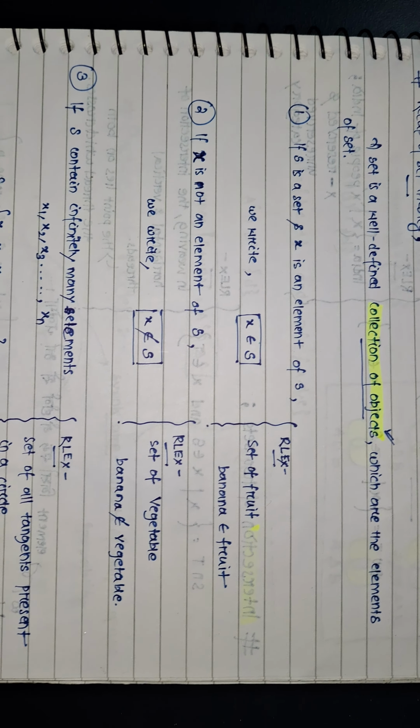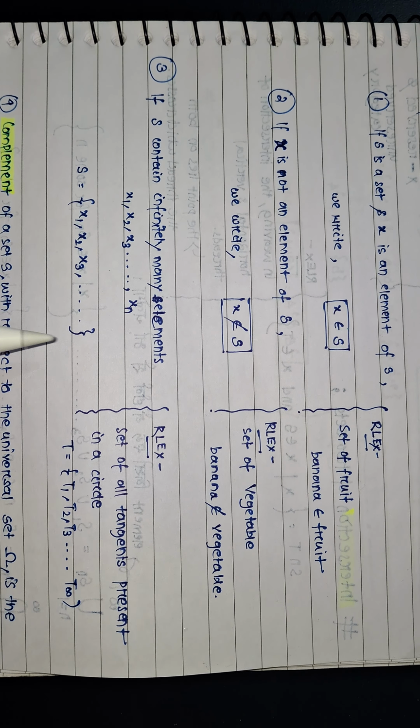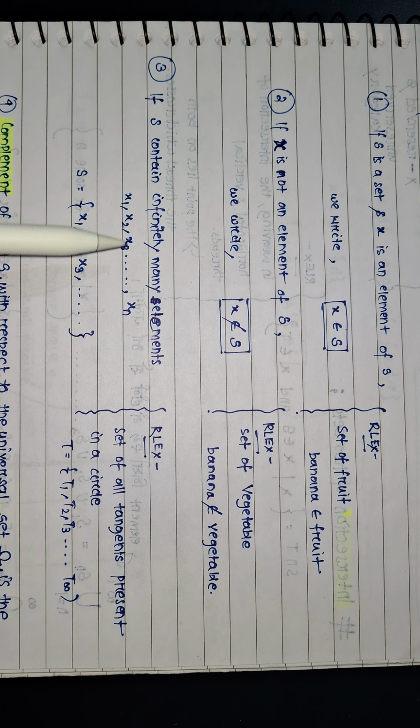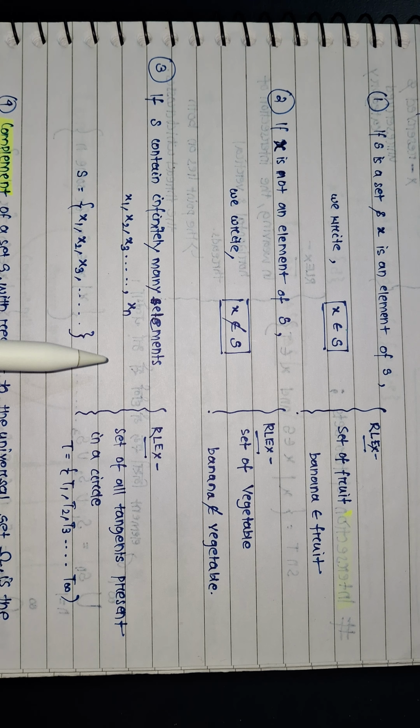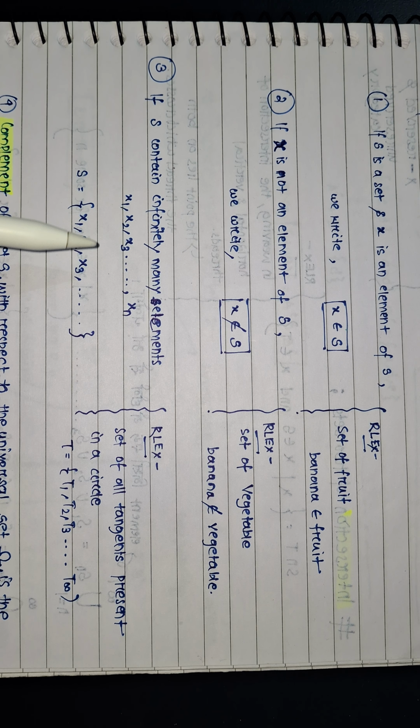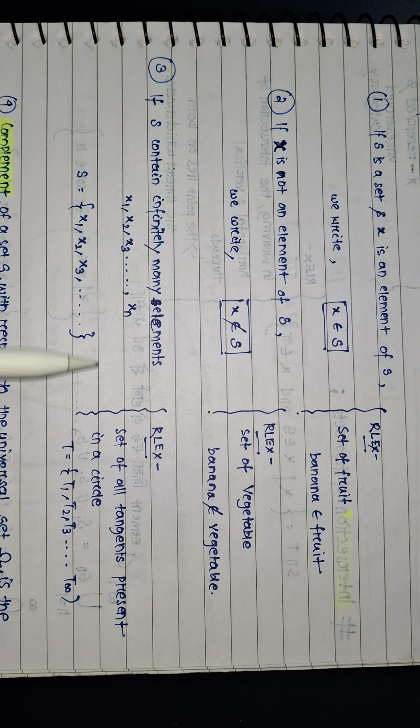Then we proceed towards our next part. If S contains many elements, we can write it as S equals x1, x2, x3, dot dot dot, up to xn.